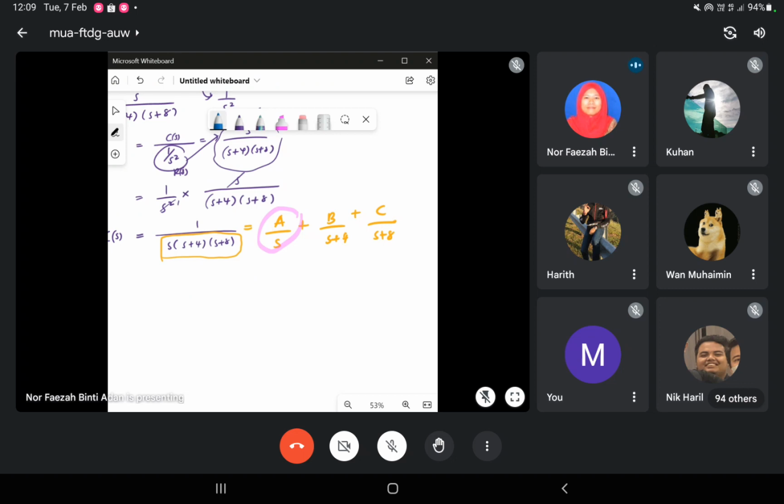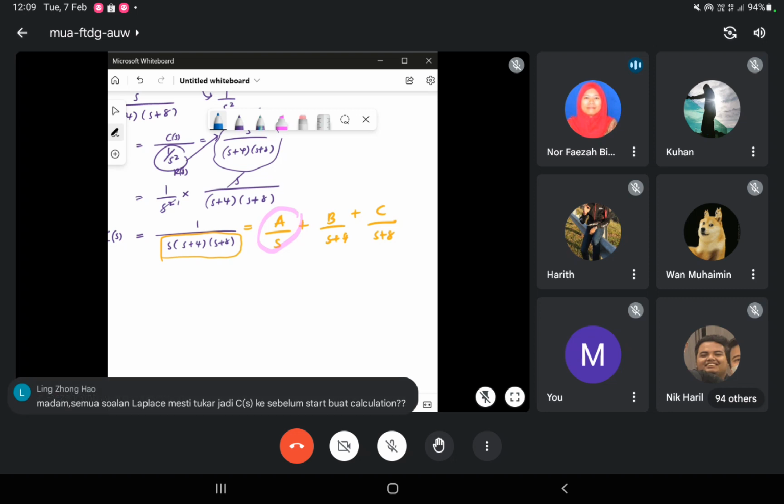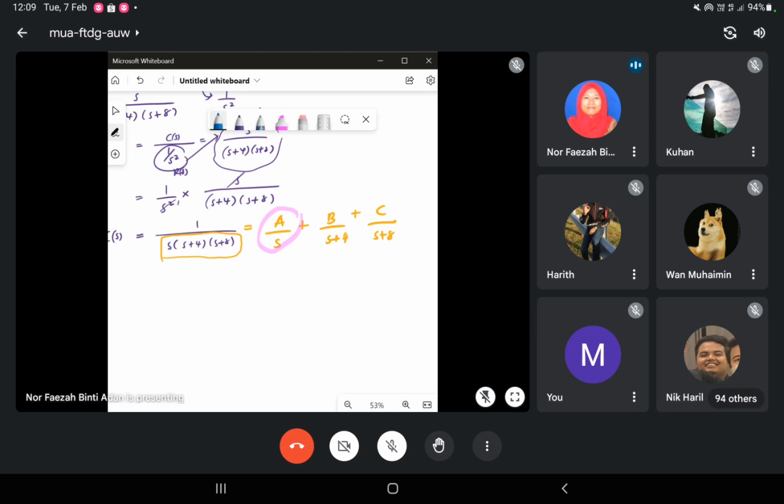Kita nak each of this term yang A, B dan C ni mesti denominator dia sama macam sebelah kiri. So you tengok yang belah A/S. So dia dah ada terms S. It is missing S tambah 4, S tambah 8. So cara mudah dia, kalau saya tengok dekat equation tu apa yang dia missing. Oh, S tambah 4, S tambah 8. Means A kena darab S tambah 4, kena darab S tambah 8 lah. So supaya dia punya denominator pun akan multiply with S tambah 4 and S tambah 8.